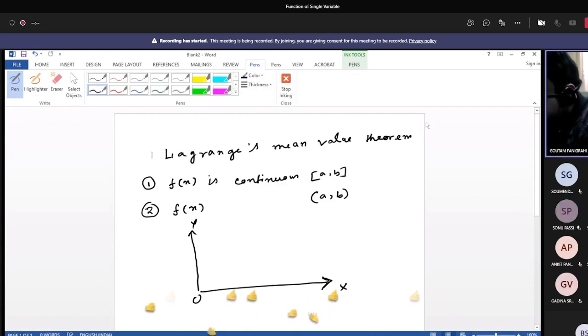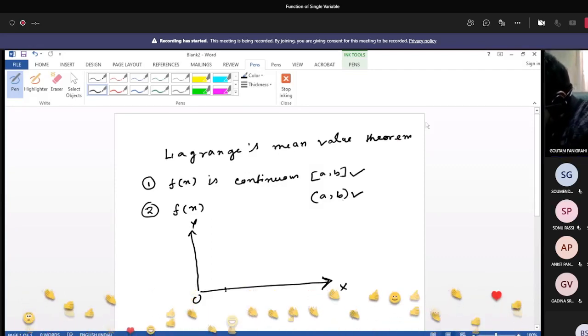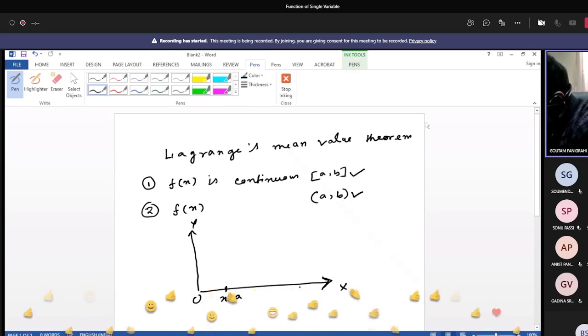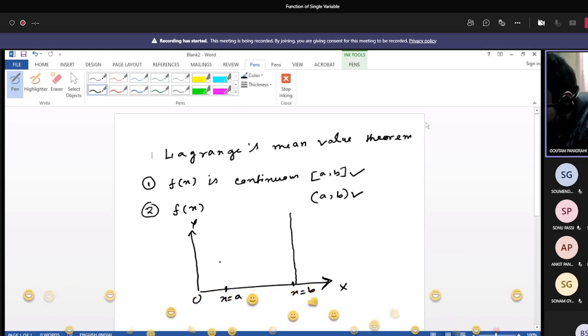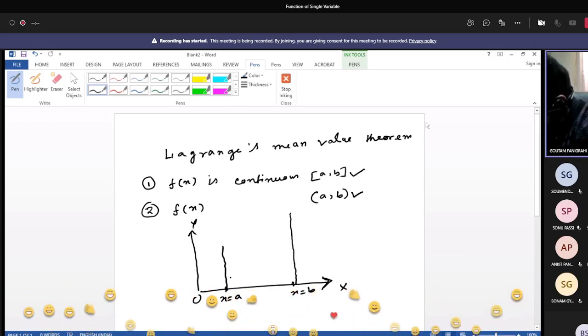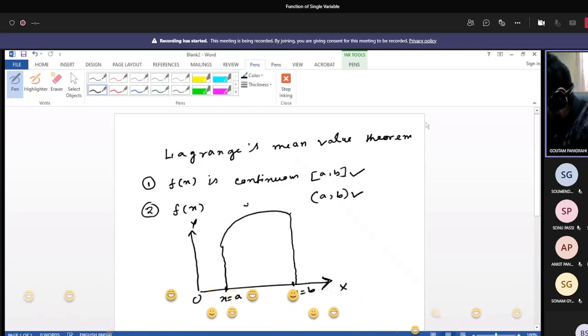In Lagrange's mean value theorem, the last condition of Rolle's theorem is not given, and here f(x) is continuous in the closed interval, f(x) is derivable in the open interval. So, consider x equals a and x equals b, two points, and suppose this is the value of the function at x equals b, and this is the value of the function at x equals a, and suppose this is the function y equals f(x).